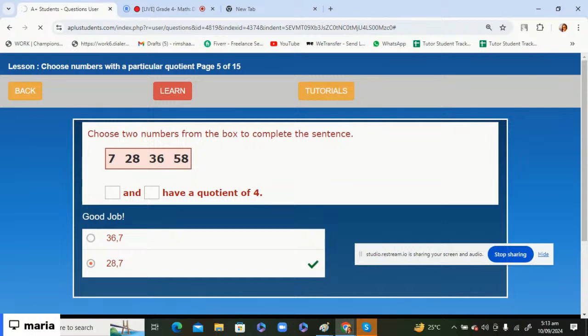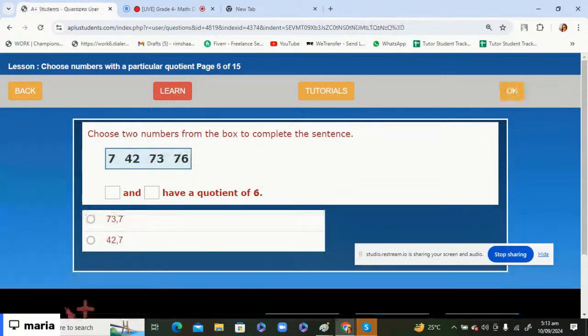Okay, so choose two numbers from the box to complete the sentence: 7, 42, 73, and 76. So which two numbers have a quotient of 6? 73 and 7, or 42 and 7?